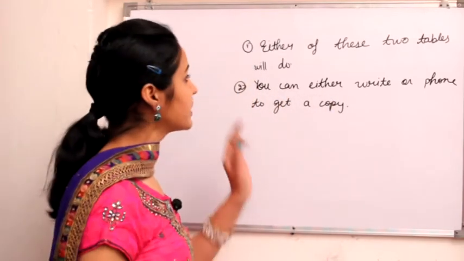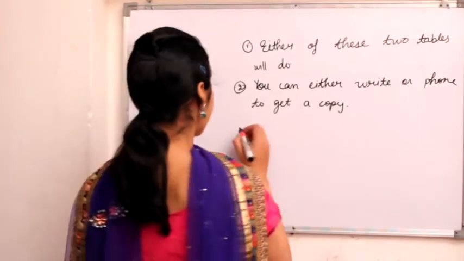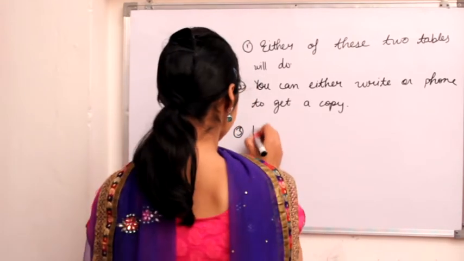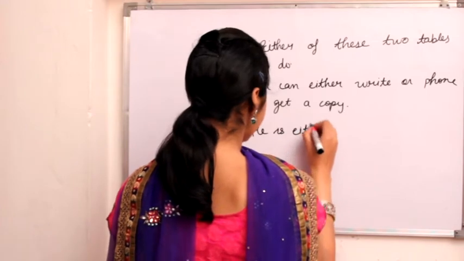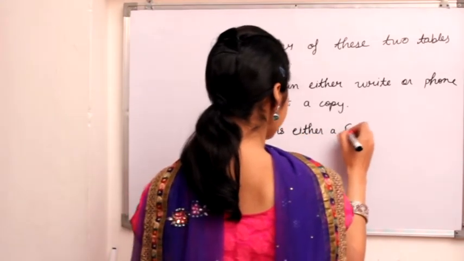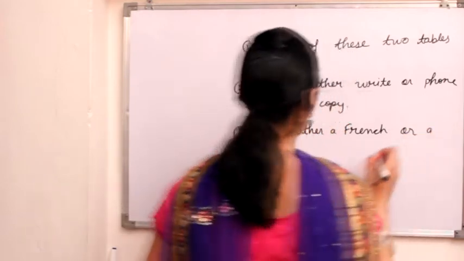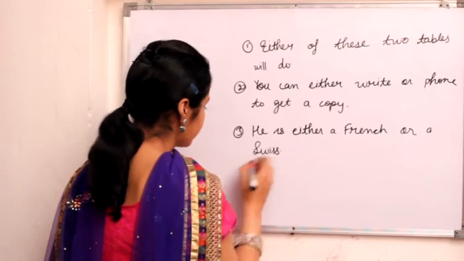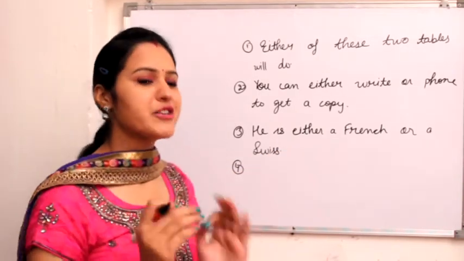So this is about either and or. Now I write here, he is either a French or a Swiss, and I can write here neither and nor.